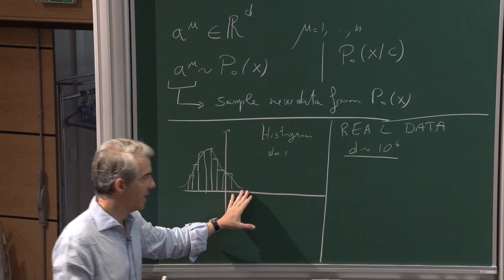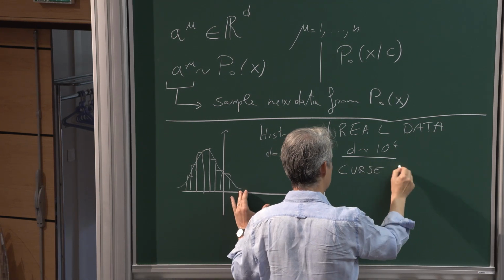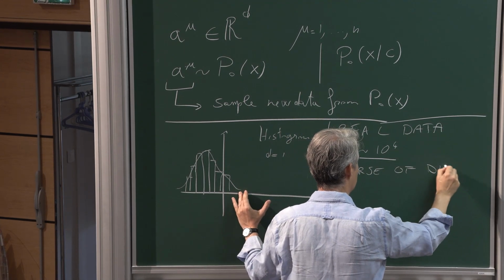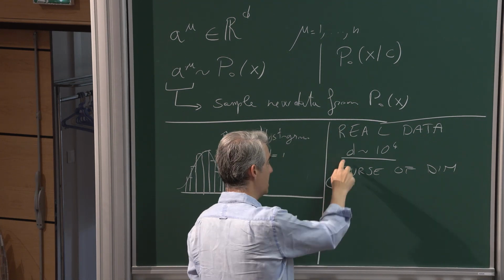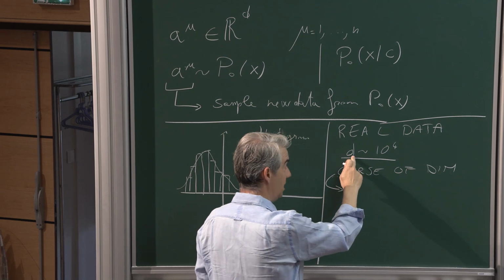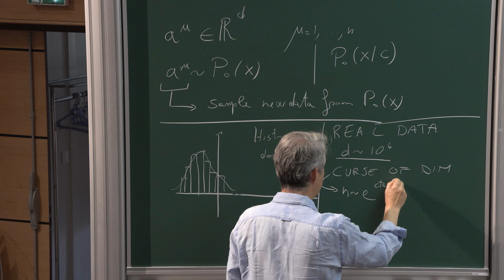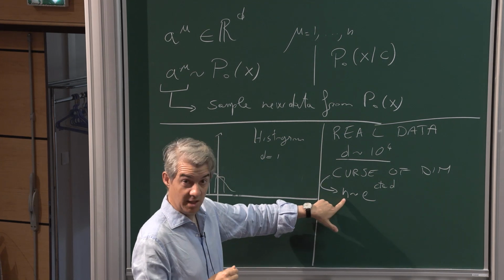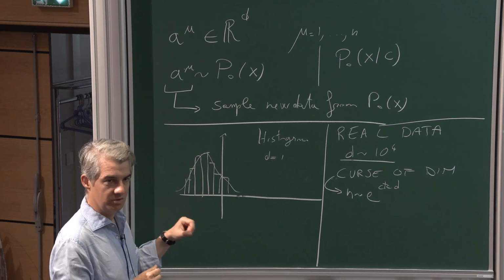So why is that? There is what is called the curse of dimensionality, that I'm sure you have heard about. The curse of dimensionality tells you that in the worst case scenario, the number of data that you need in dimension d is of order exponential of a constant times d. It's the number of data that you need to be able to do this construction.